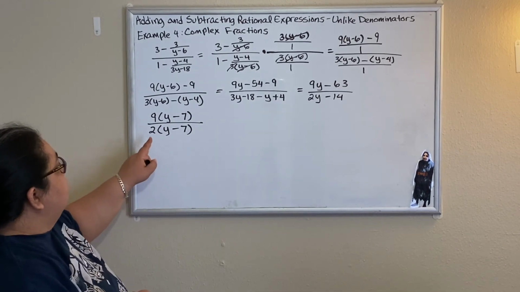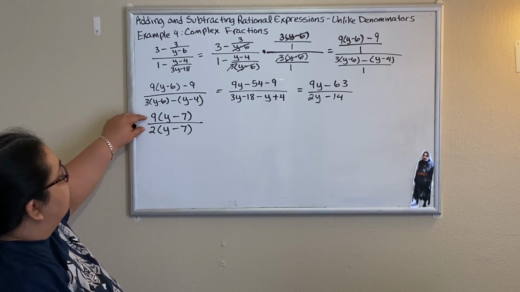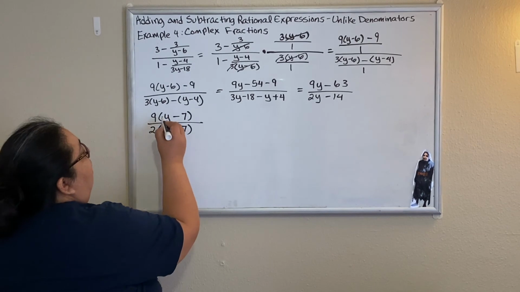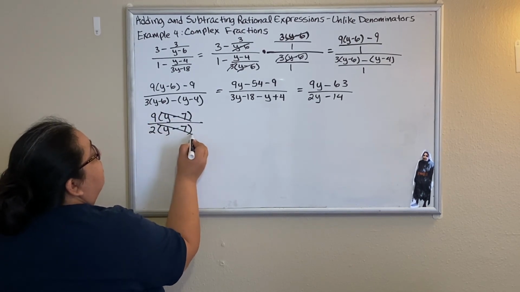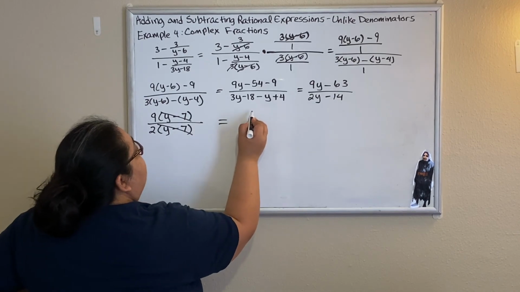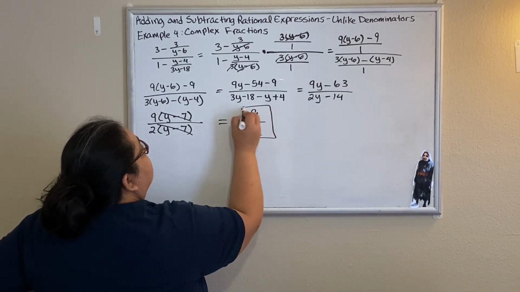And as you can see, I have 9 over 2 as the numbers, and then y minus 7 over y minus 7. Here's a common factor in the numerator and in the denominator. They are both going to reduce. So that means my final answer is 9 over 2.